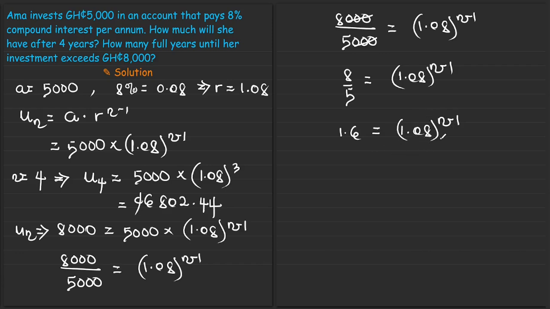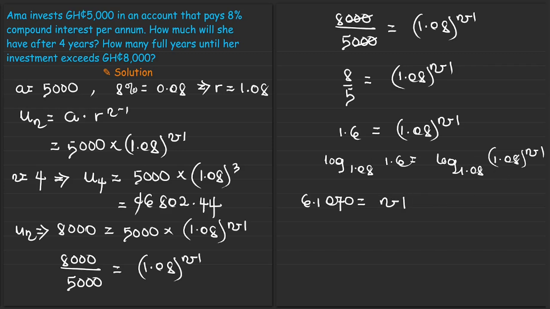Now let's take logarithm of both sides to what? To the base 1.08. And with that, we are going to get log base 1.08 of 1.6 equals log base 1.08 of 1.08 all to the power N minus 1. So with that, if you have to evaluate all we have here, then we are going to get 6.107, which, let me just leave it as 4 decimal places, is equal to N minus 1.